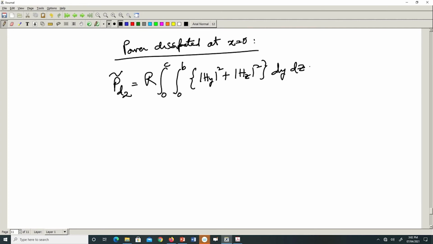Because at the surface x equal to 0, the two tangential components of the magnetic field are h y and h z.